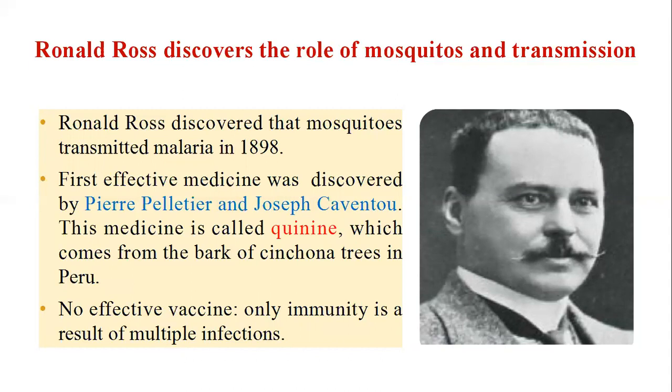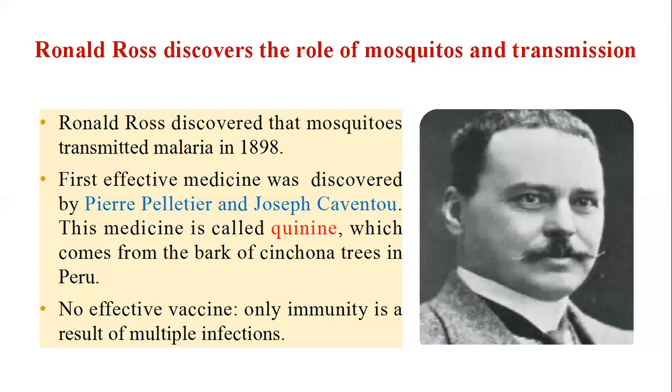The drug particularly against malaria was isolated by two scientists, Pierre Pelletier and Joseph Caventou. They isolated quinine from the bark of the cinchona tree in Peru, and since then quinine, or else its derivative, has been used as a drug for this particular disease.